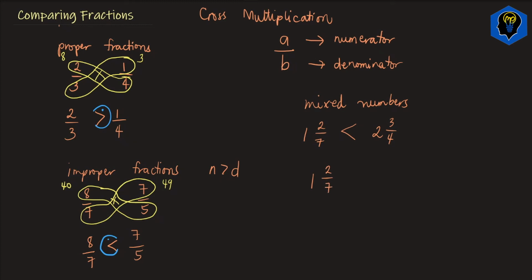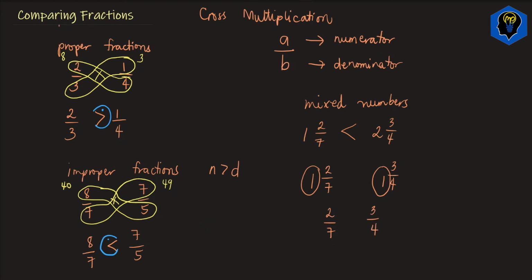Paano naman kung bigyan kayo ng pareho ang whole number? So, let's say we have 1 and 2 over 7 and the other one is 1 and 3/4. So, kung pareho na yung whole number nito, pareho silang 1, huwag nyo na munang isipin yung whole number for now. Isang tabi nyo muna. You compare just the fractions. Okay, so now we are comparing just 2 over 7 and 3 over 4. So what you do is the same thing.